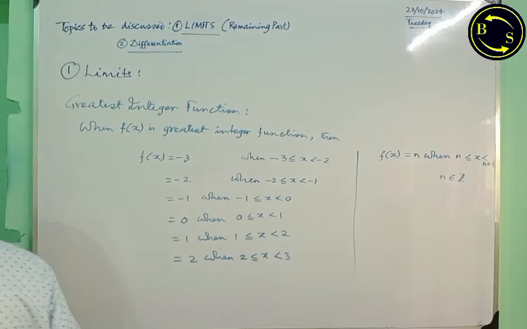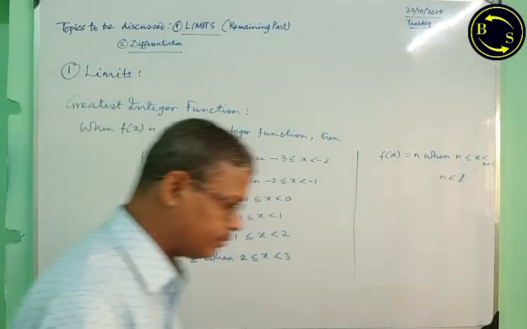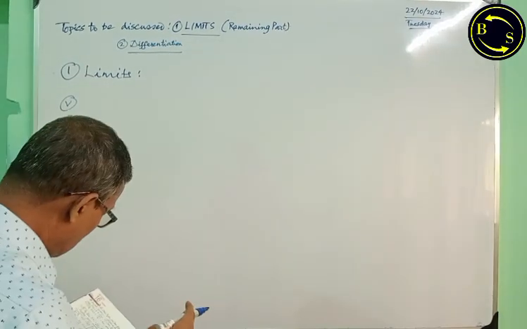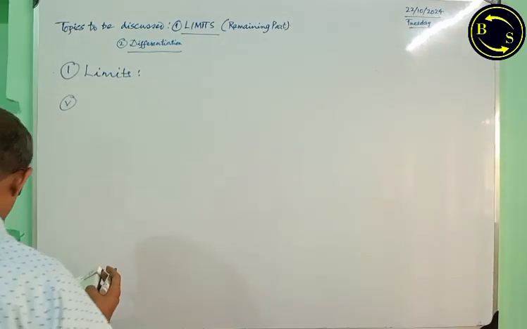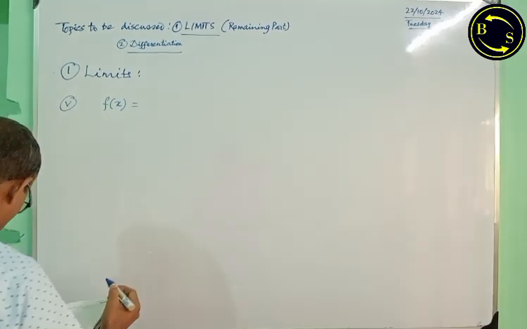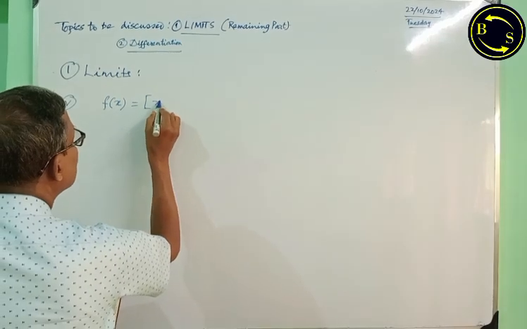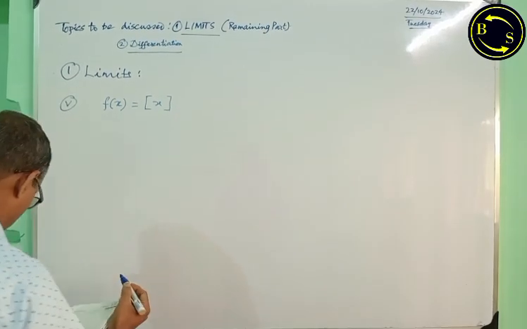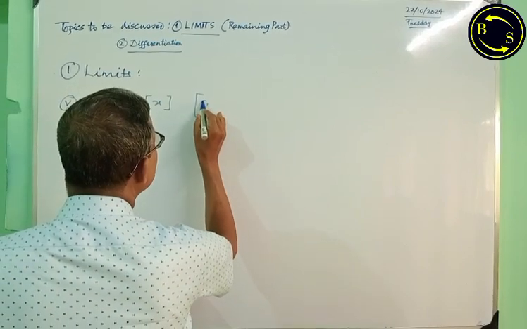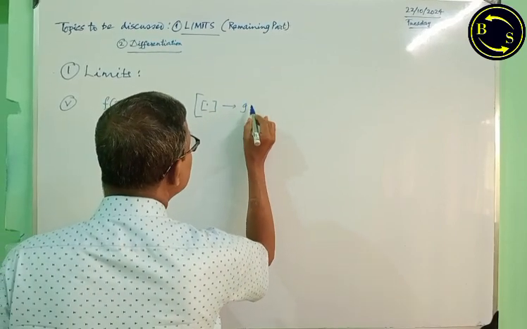Now we take a sum based on greatest integer function. Sum number, I think, 5. This indicates greatest integer function.